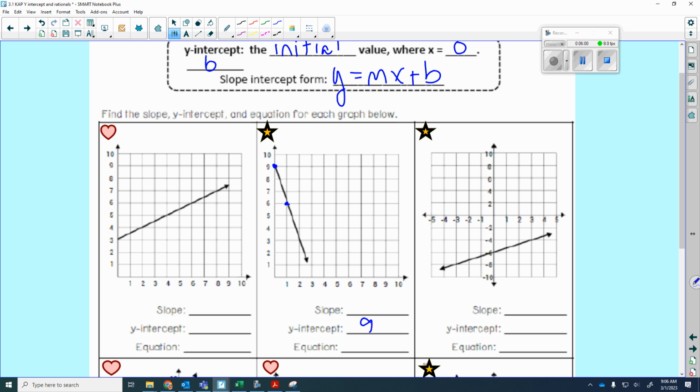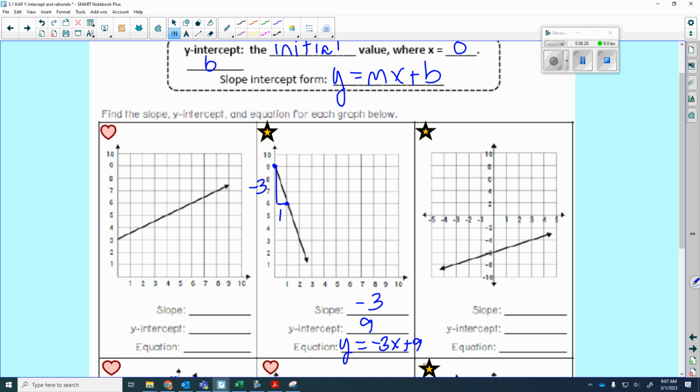What did we do to get there? We went down 3 and then to the right 1. So what is the slope? -3, right? Because it'd be -3 over 1, which is -3. So now what's the equation? Plus 9. Perfect.